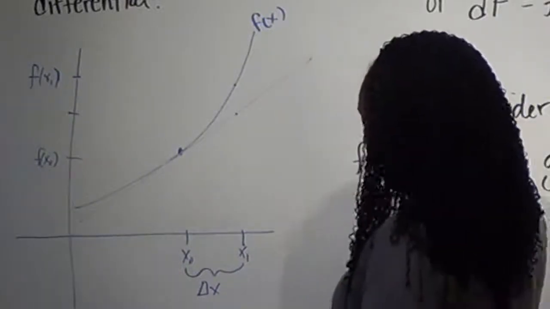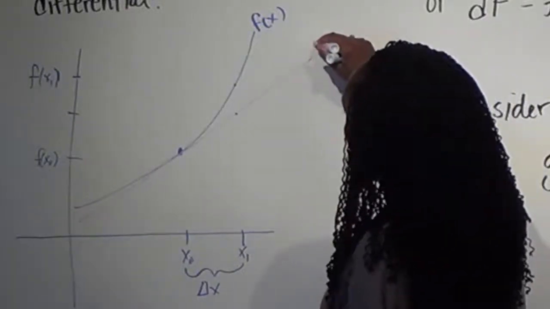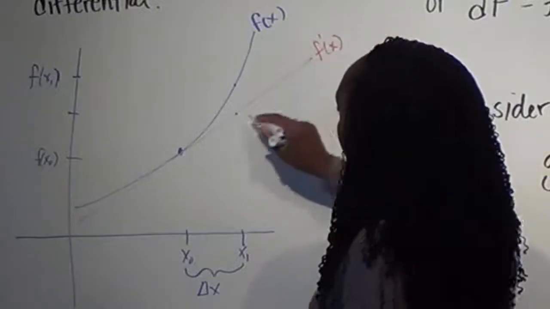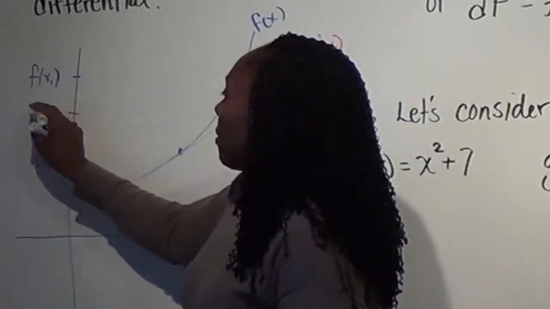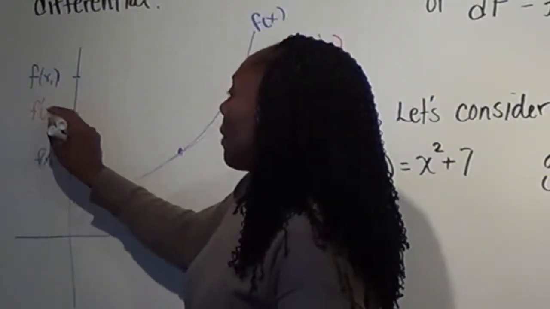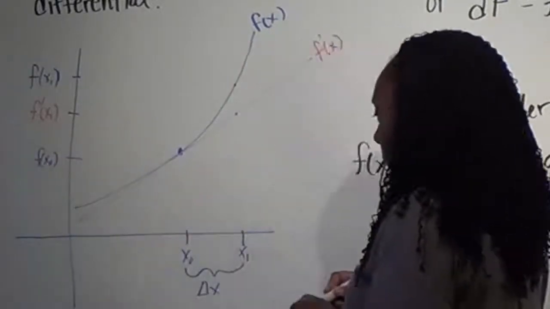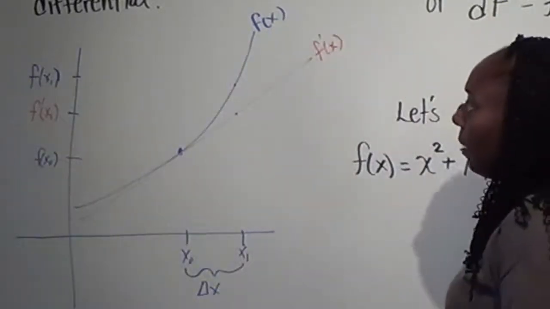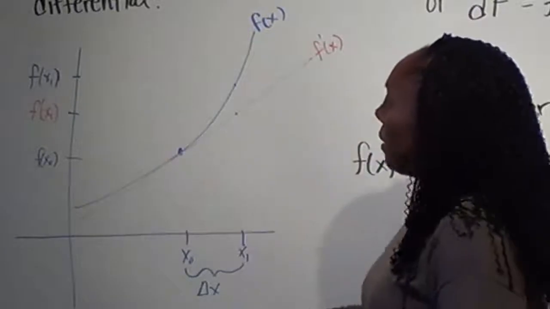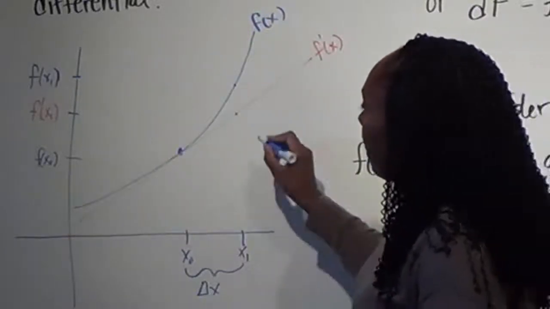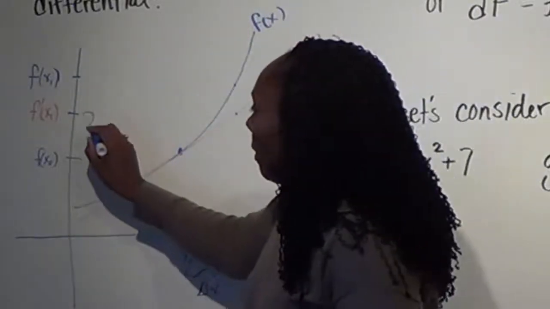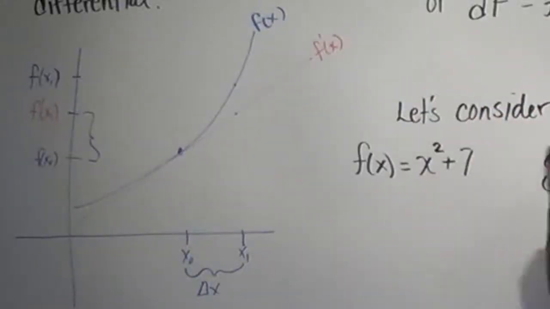So this tangent line is f prime of x, and if I look at this point over here, this is going to be f prime of x1. This differential is basically telling us the difference between these two points.